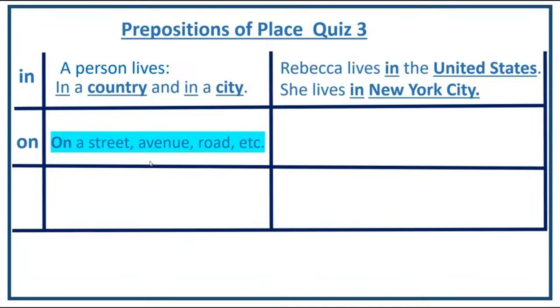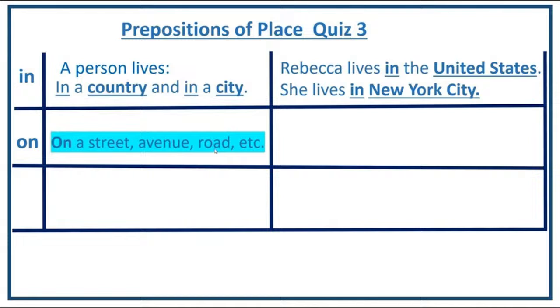Example, Adelaide Avenue, Barnes Avenue, Barnes Street: on Barnes Street, on Adelaide Avenue, on Airport Avenue, on Airport Street, on Wall Street. But when we say road, for example, Tasabal Road, John Road, and others.